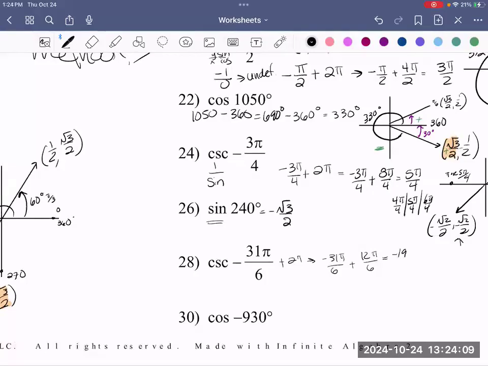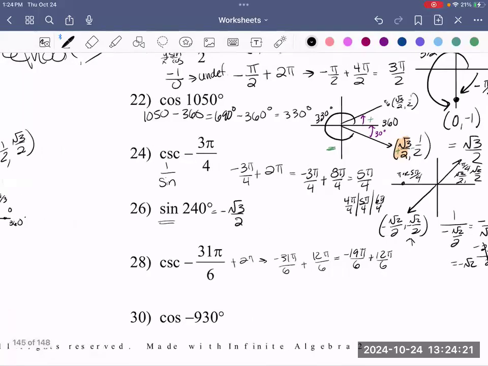That's negative 19 pi over 6. It's still negative, so we're going to add another 12 pi over 6. So negative 19 plus 12 is negative 7 pi over 6. So let's add another 12 pi over 6. So that should get us 5 pi over 6.